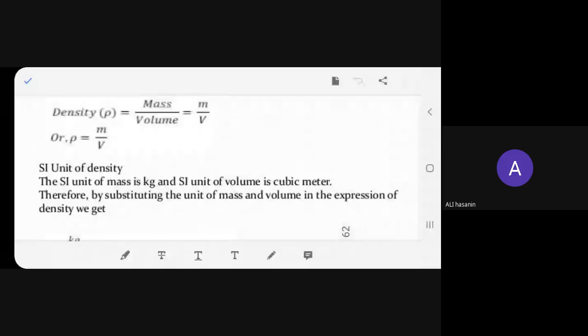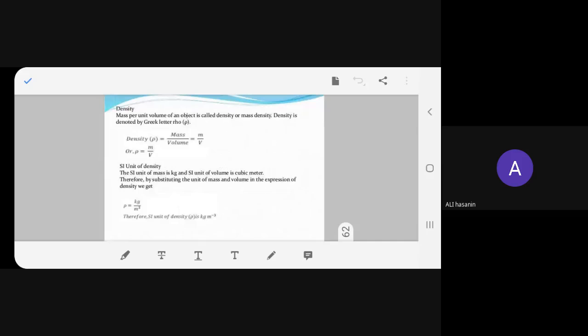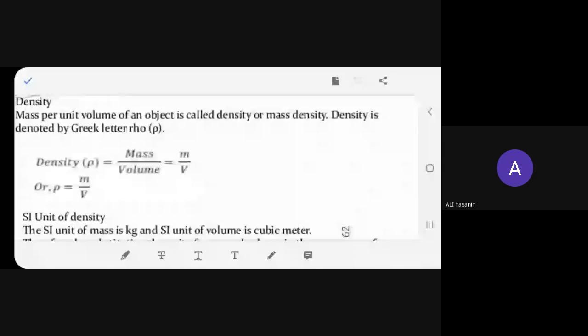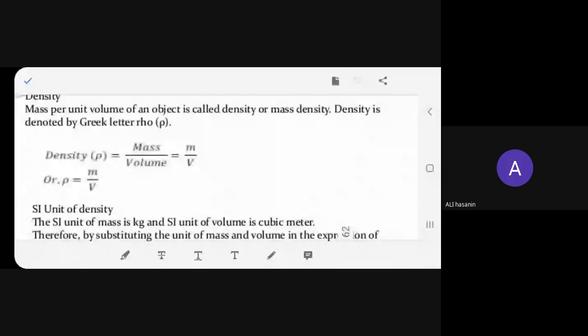Is it helping you out? Okay, fine. So any problem regarding this slide, beta? All of you, ninth standard. Is there any problem in understanding?